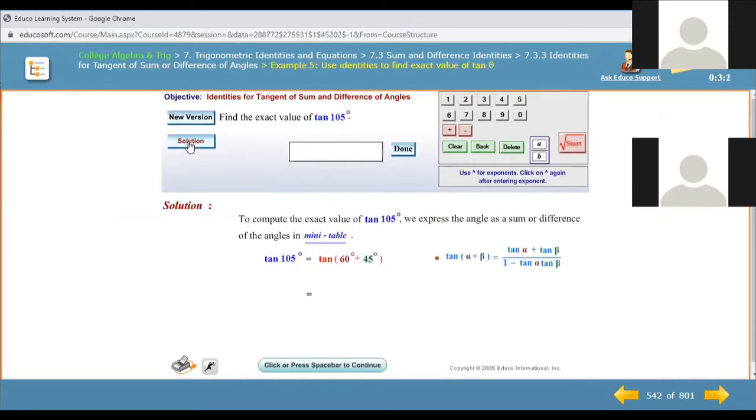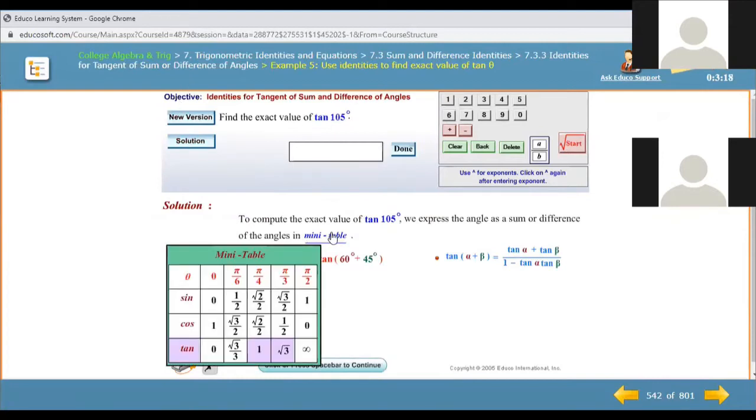I use the formula: tangent A plus B is tangent A plus tangent B divided by 1 minus tangent A tangent B. Now we just plug in the values. I want everyone to plug in the values and use the mini table to find the solution. I'm giving you about a minute, and along with that, I'll be writing it on the screen.